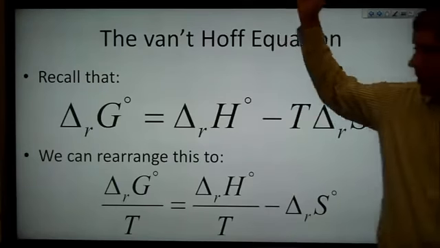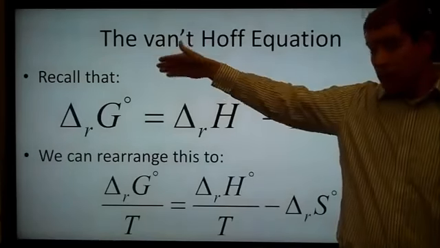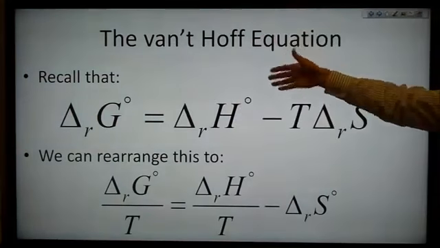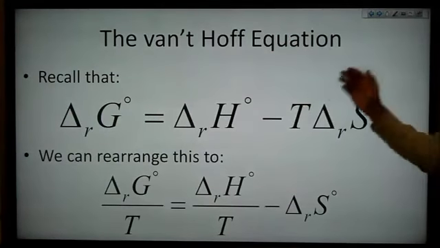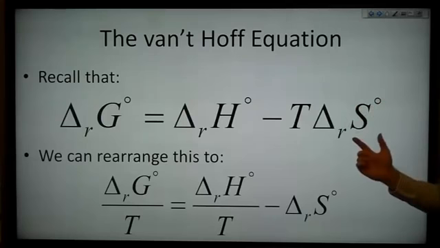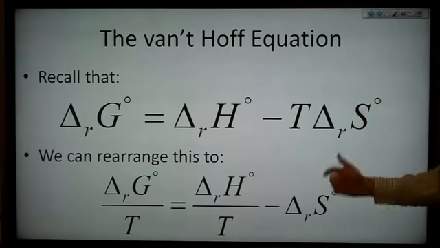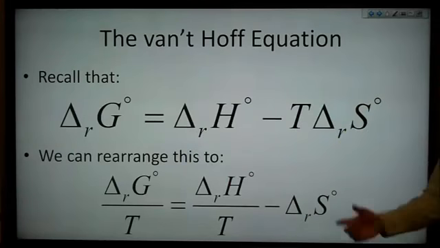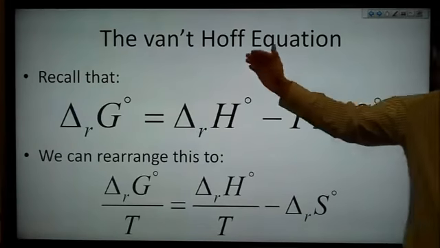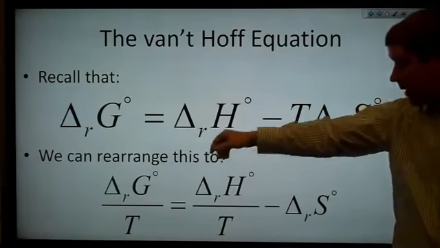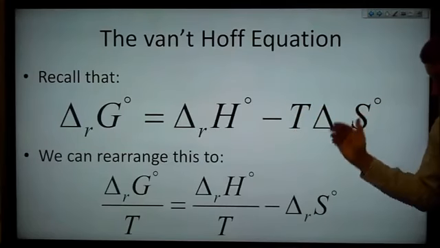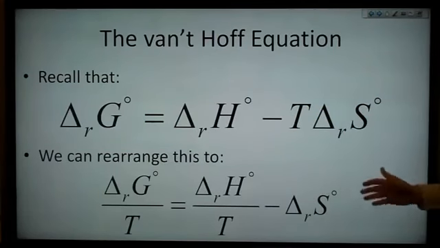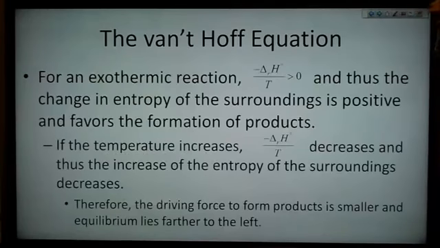So remember that the standard Gibbs energy of reaction is equal to the standard enthalpy of reaction minus the temperature times the standard entropy of reaction. We can rearrange this, so if we divide everything by the temperature, we get delta rG naught over T is equal to delta rH naught over T minus delta rS naught.